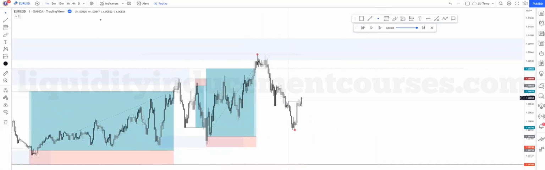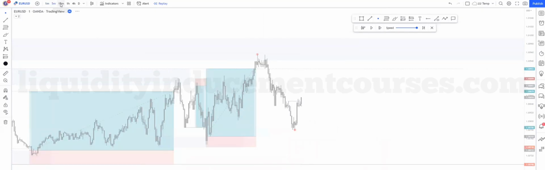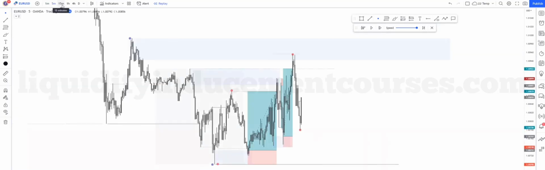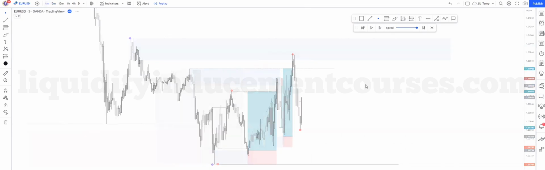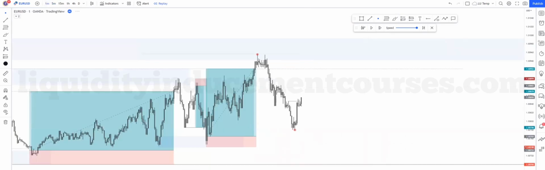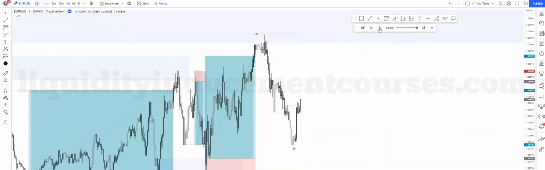So let's go to the 5 minute. I don't got enough data yet. Now these are highs feeding into this imbalance. I don't want to go to the 15 minute because I feel like it's gonna show the move. But let me see if I can catch a long, a counter trend.